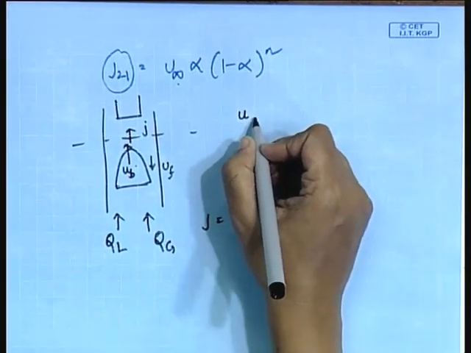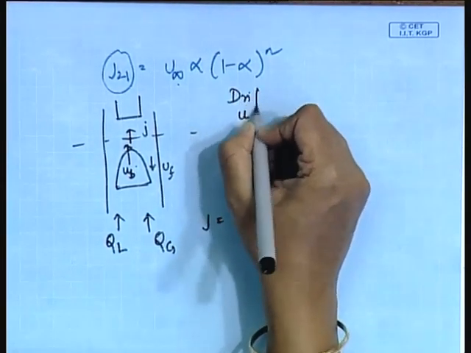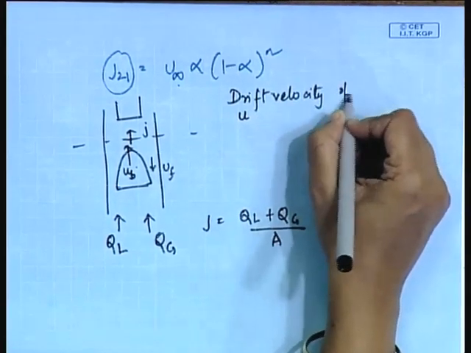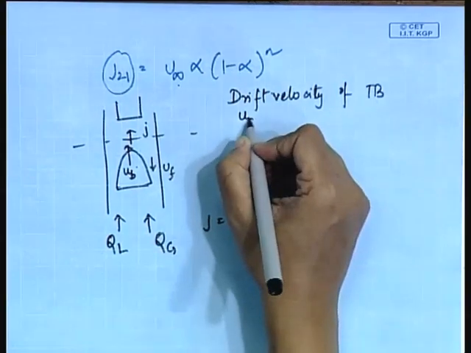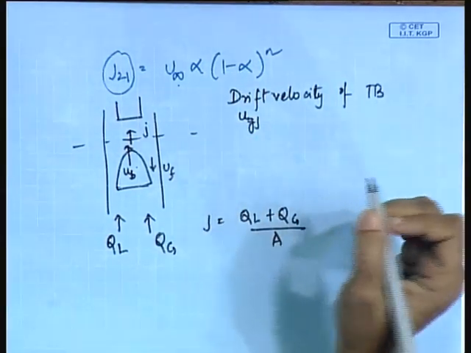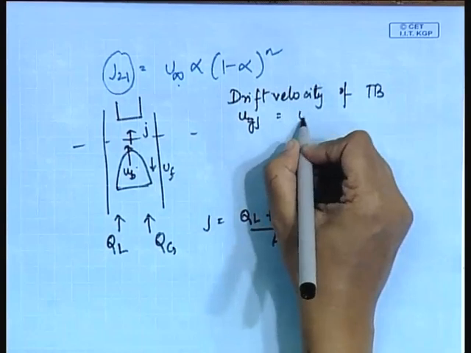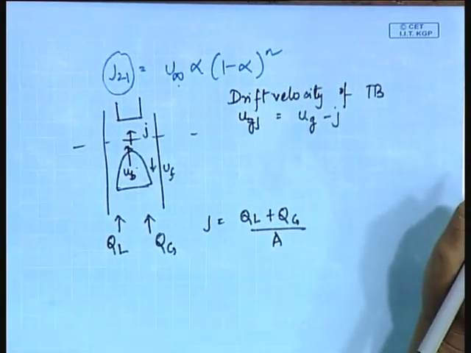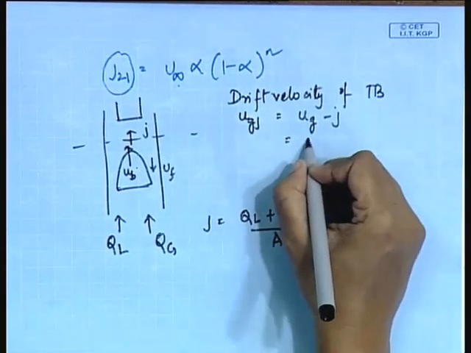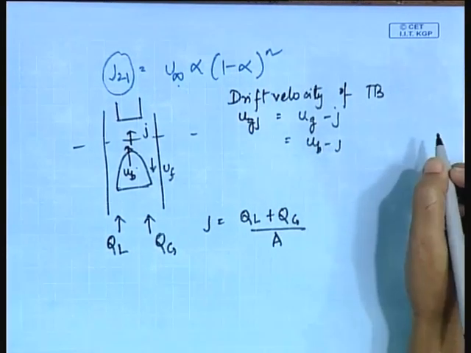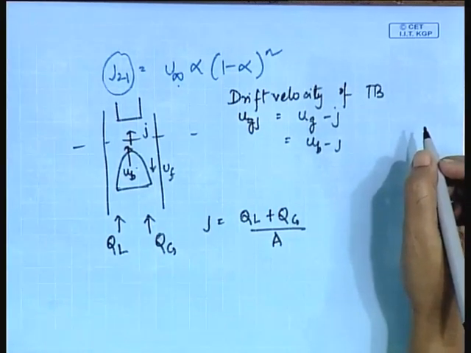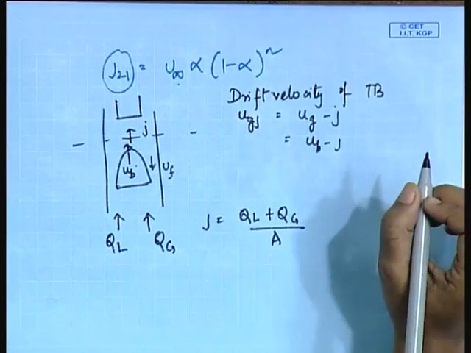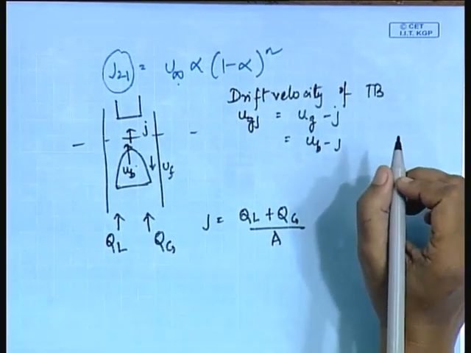So, therefore, the drift velocity of the Taylor bubble, which can be written as UGJ or U2J whatever, is equal to UG minus J. Agreed all of you? Again this is equal to UB minus J, assuming that the entire gas phase rises up as the bubble and all the gas in the bubble rises at the same velocity.